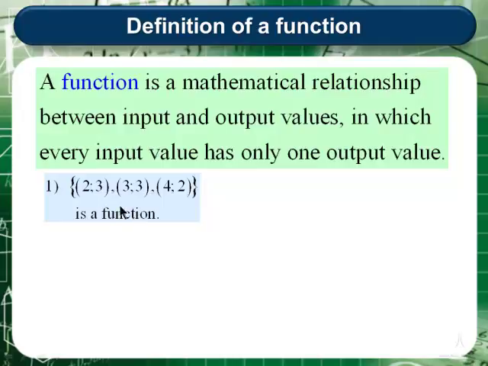The reason is that the inputs 2, 3 and 4 will each only have one particular output. The fact that two of the outputs are the same is no problem, as long as those two outputs don't belong to the same input.